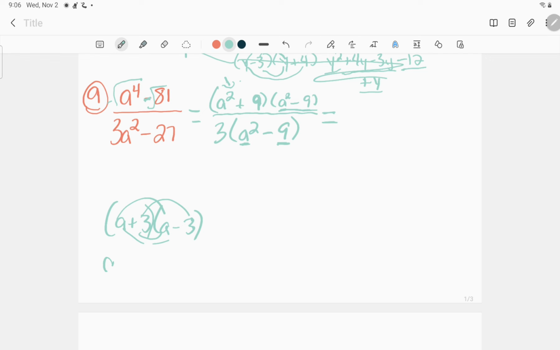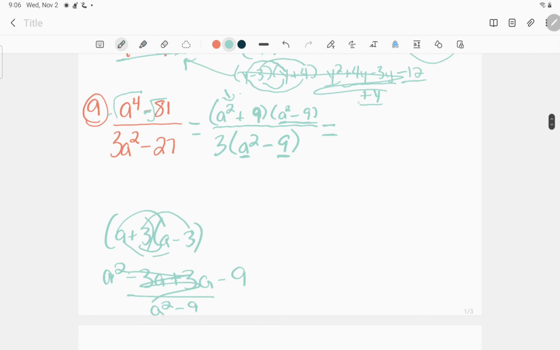When you do the FOIL method, a squared minus 3a plus 3a minus 9. Negative 3a plus 3a is 0. Those go away, leaving me with a squared minus 9. That looks just like that. It also looks like that. So I'm going to factor that out again. I'm going to have a squared plus 9 times a plus 3 times a minus 3.